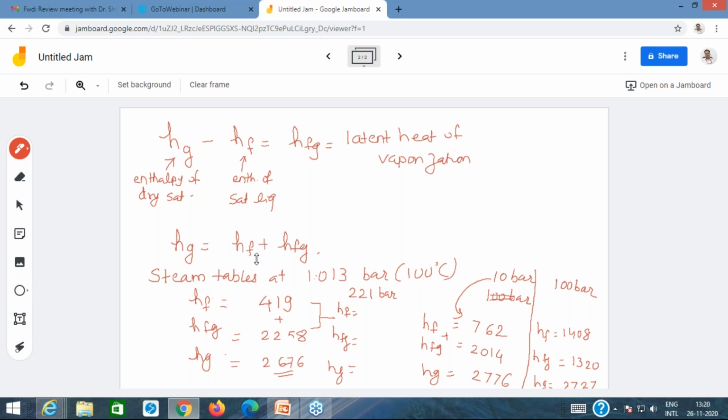And you'll get very interesting insights from this after you tell me these values. Then I will have a discussion on what is called a temperature enthalpy diagram.